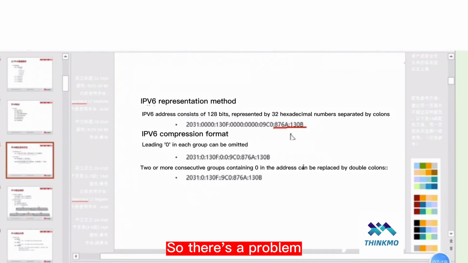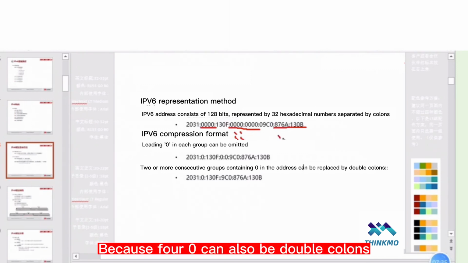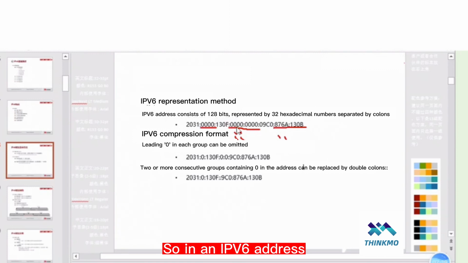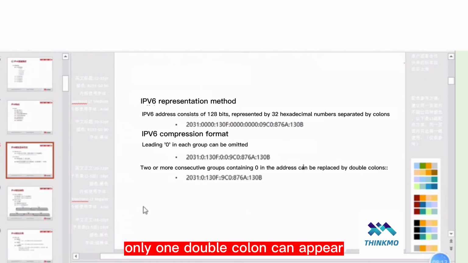So there's a problem. We don't know whether the first one is 8 zeros or 4 zeros. I can't derive it. It's possible the back has 8 zeros in both groups, or it's 4 zeros, because 4 zeros can also be double colons. So in an IPv6 address, only one double colon can appear.